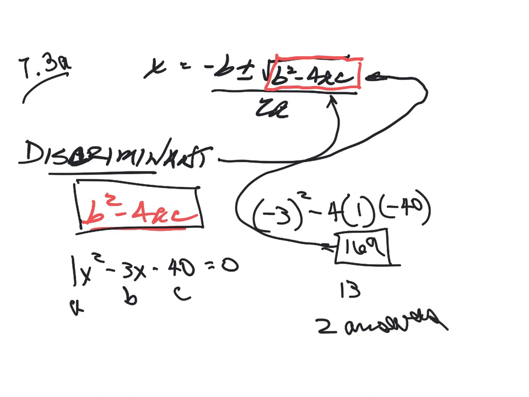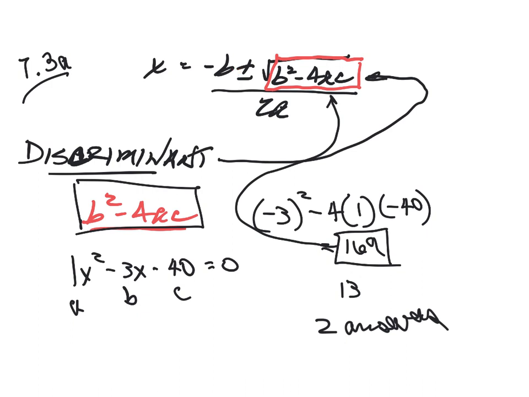2 answers, and they will be rational numbers. So when we plug everything in there and get an answer, we'll get 2 answers because of the plus or minus sign here. And those numbers will be rational numbers. There won't be any square roots. There won't be anything really goofy.